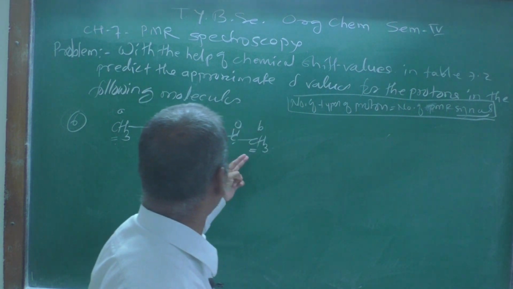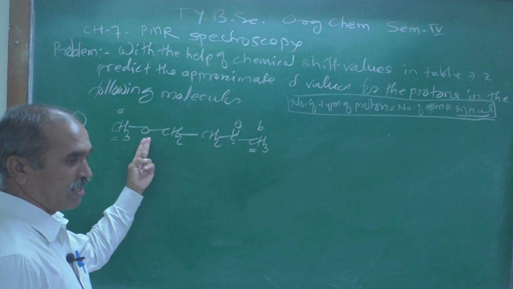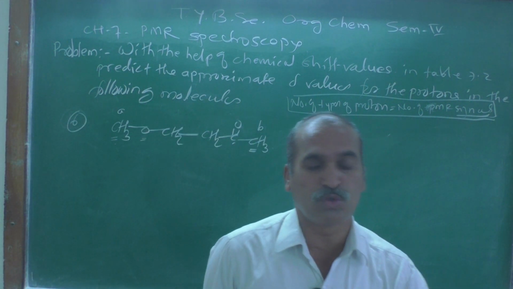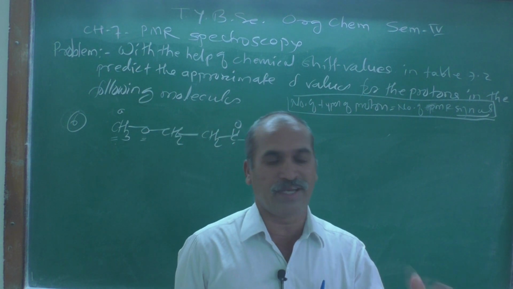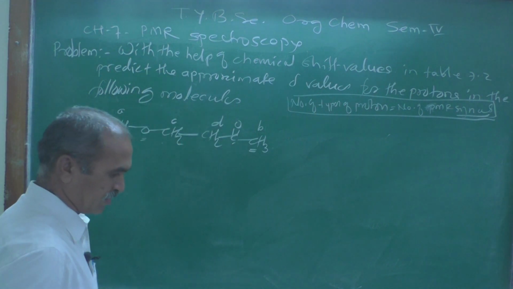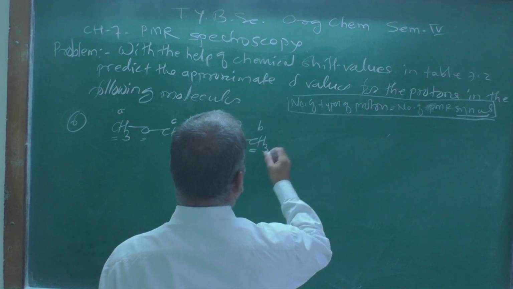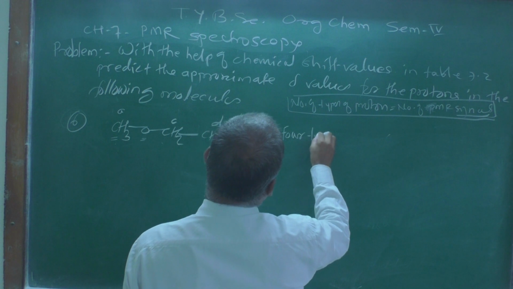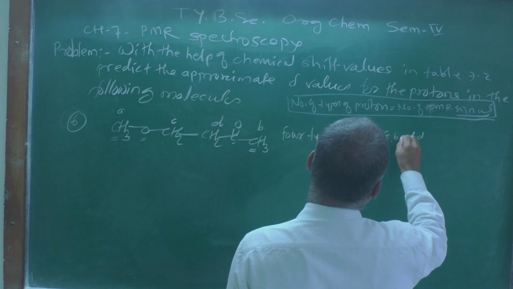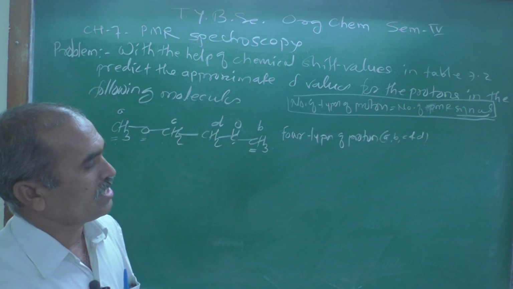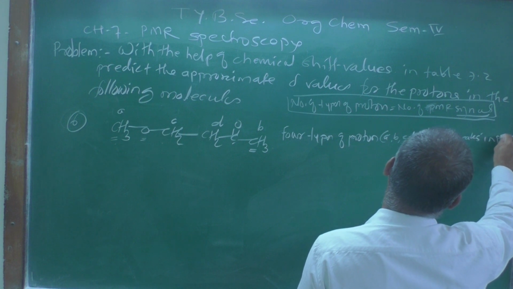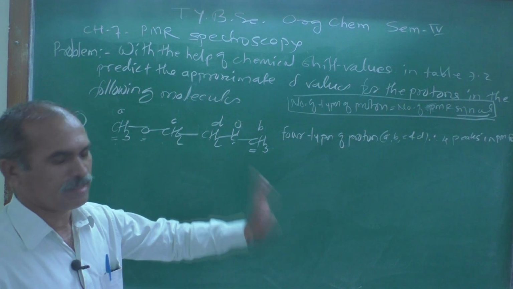Here also it is the same case: this methylene group has a neighbor oxygen and this methylene group has a neighbor carbonyl, and therefore they are not identical, they are definitely different, so I am labeling this one C and this one D. So there are four types of proton, A, B, C and D, and therefore four peaks in PMR.